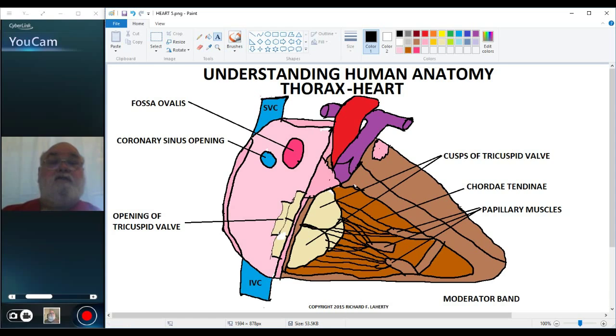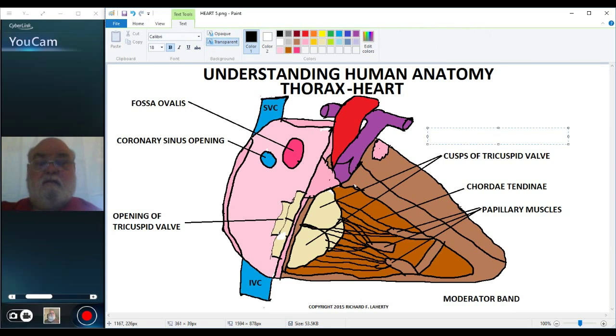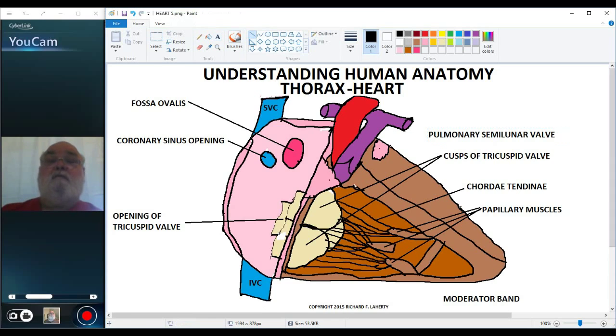The pulmonary semilunar valve. And I've just indicated it with the simple valve right here.